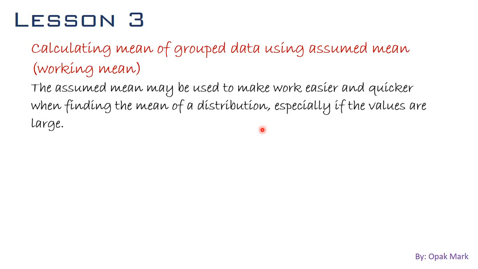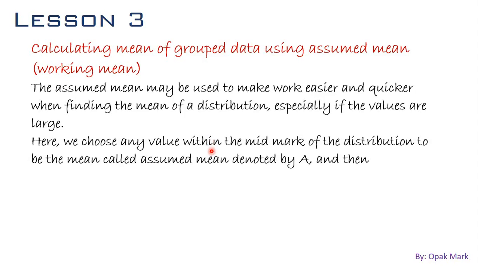Here we choose any value within the mid-mark of the distribution to be the mean, or what we call the assumed mean, which is usually denoted by capital A. After choosing that assumed mean, we also calculate the deviation, small d, of the assumed mean from the class mark or the mid-mark.